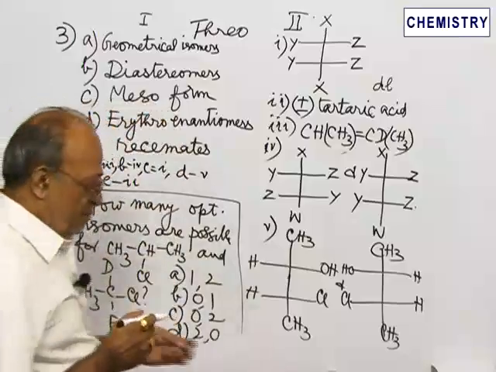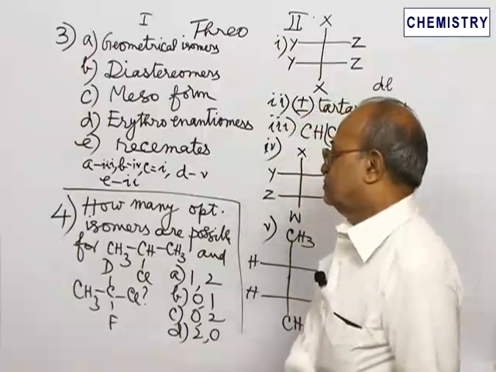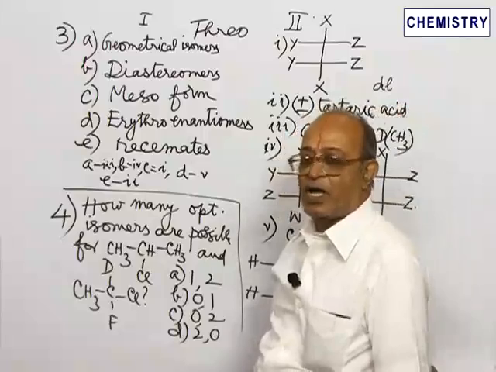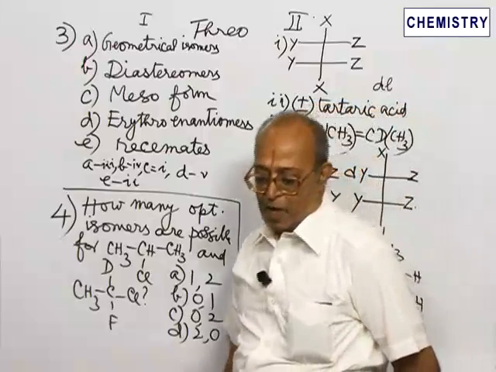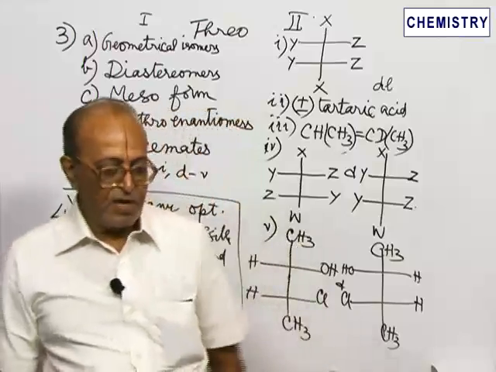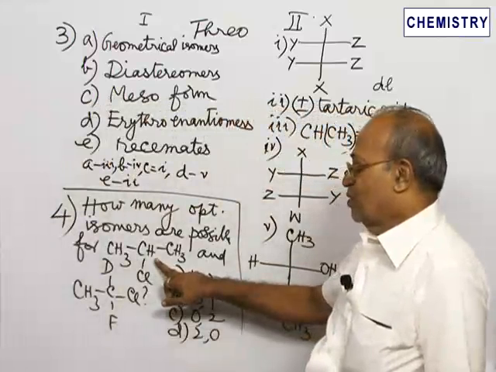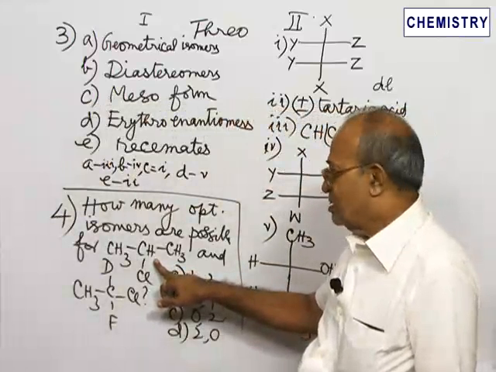All right, come to question number 4. It is simple. Two compounds are given. Of these two compounds, you have to find out the number of optical isomers possible. For optical isomerism, the presence of an asymmetric carbon atom is a must. Consider this compound. Let us see whether it is asymmetric or not.